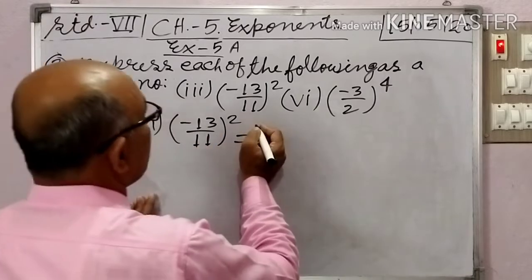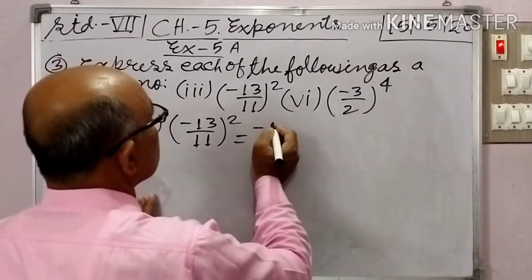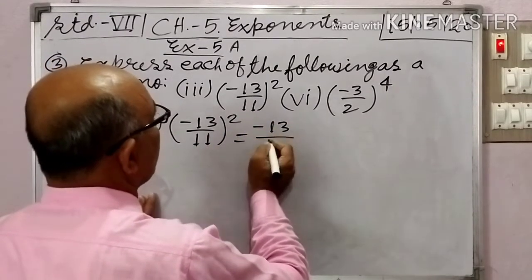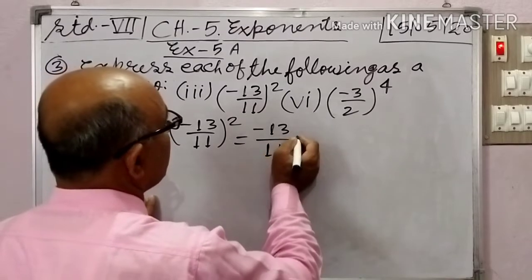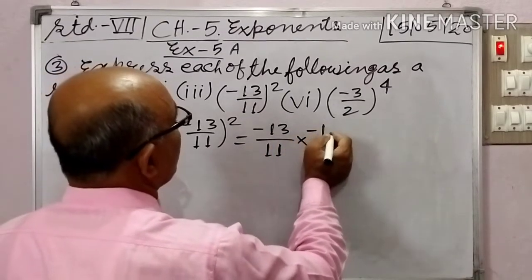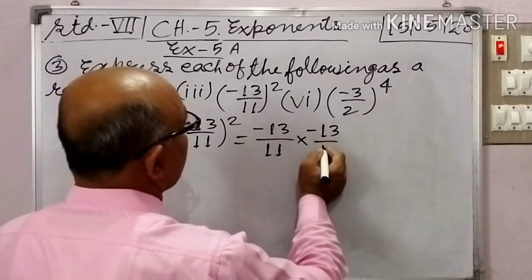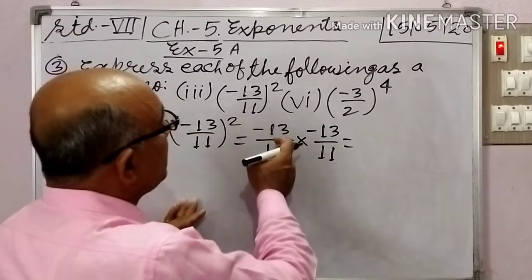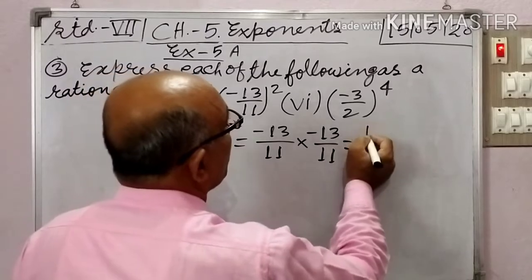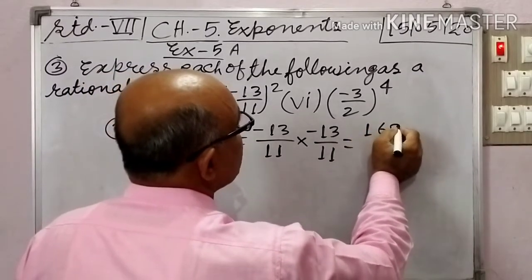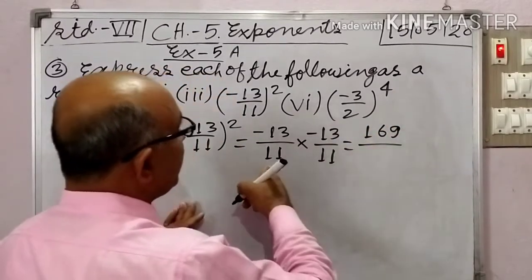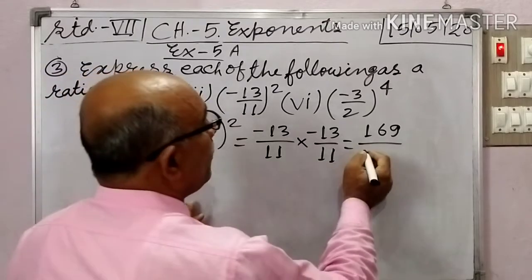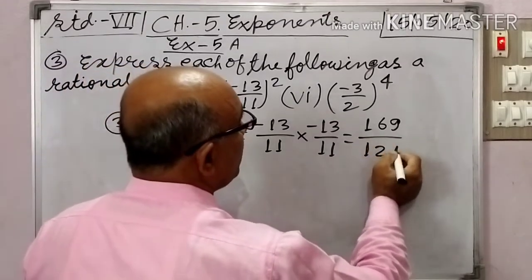That means minus 13 by 11 into minus 13 by 11. Minus into minus is plus, 13 into 13 is 169, divided by 11 into 11, which is 121.